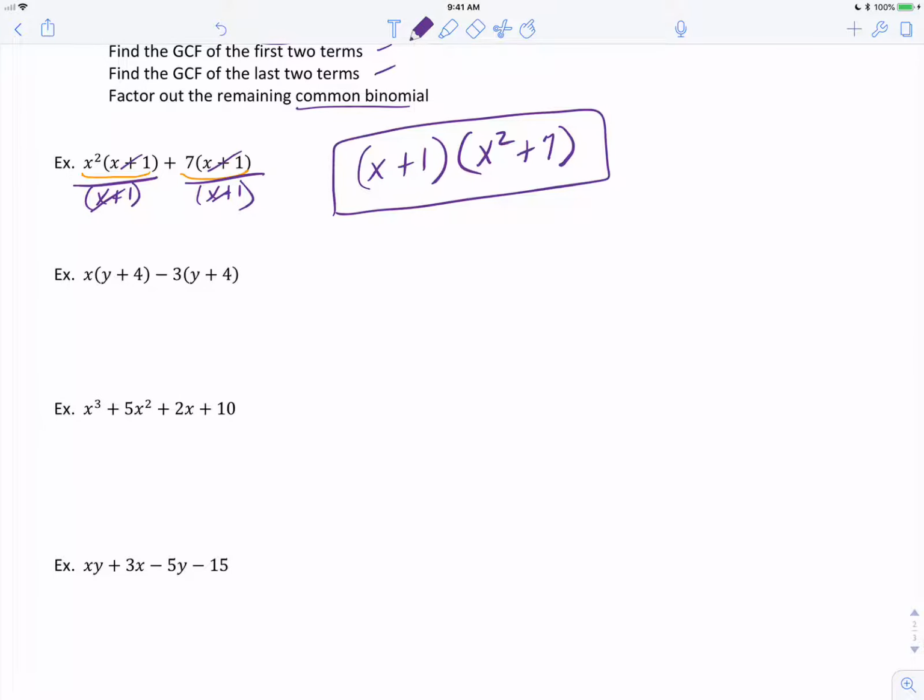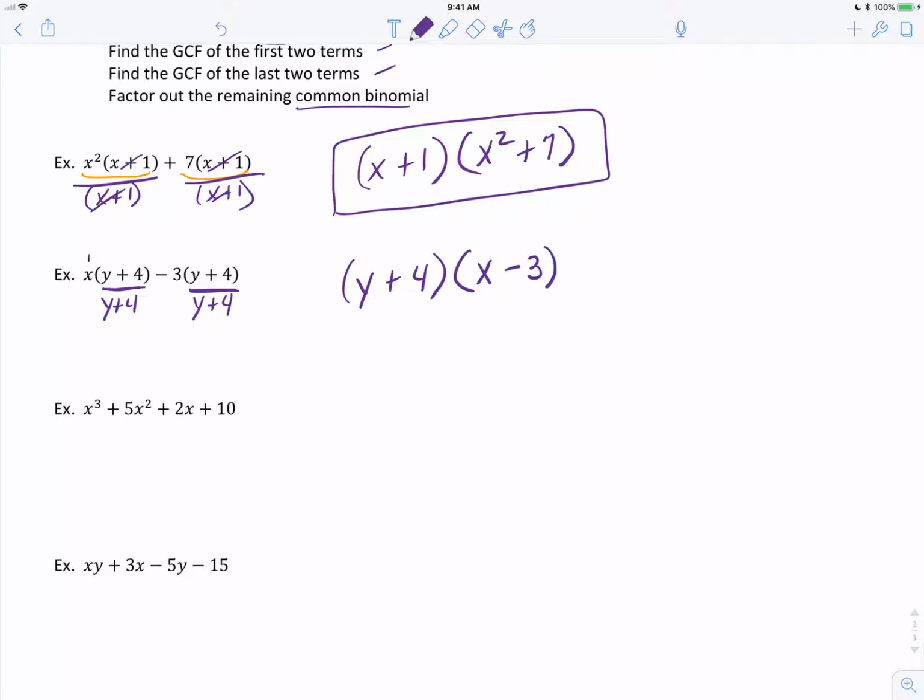Okay, and so a lot of times when I'm teaching this, I'll say, okay, look, you've got this common factor that's inside the parentheses. Well, that is common to both terms. So we're going to take what's inside the parentheses and then multiply it by what's outside those parentheses. Because if we just take that y plus 4 out, we're left with that x minus 3.